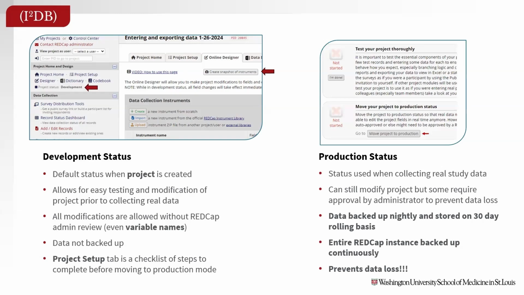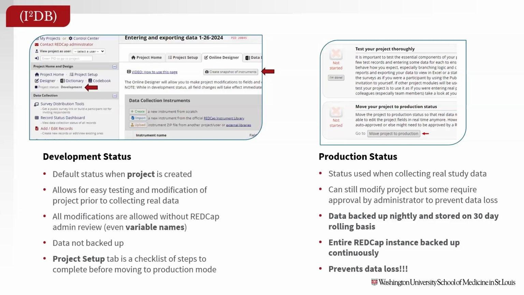It really is just a click of a button, and then telling me whether you want all the data that's been collected to stay, or if you want to delete all of it before you move forward. If you have a bunch of test data in your project, you can just select delete all this, let's start fresh. But I encourage you to move to production status.